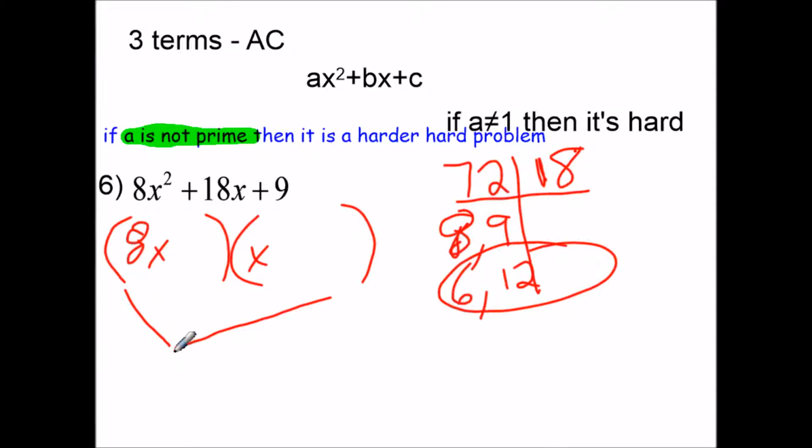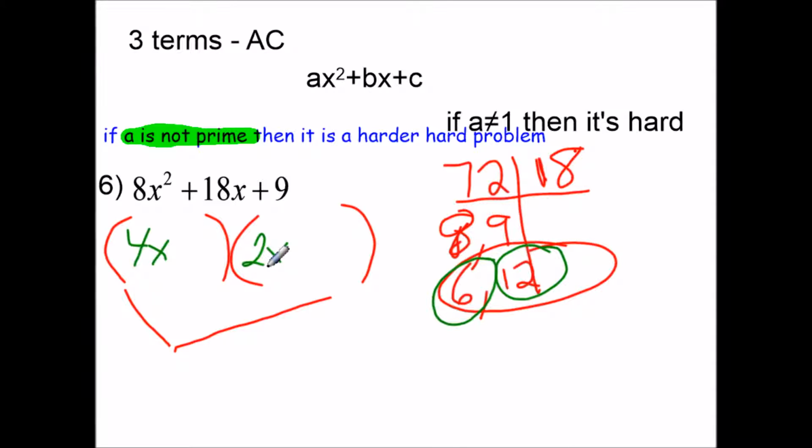So when I choose my first times first, I want to choose numbers that are both factors of the magic numbers. So 4 times 2 gives me 8. 4 is a factor of 12, and 2 is a factor of 6. So I'm going to go 4x times 2x.